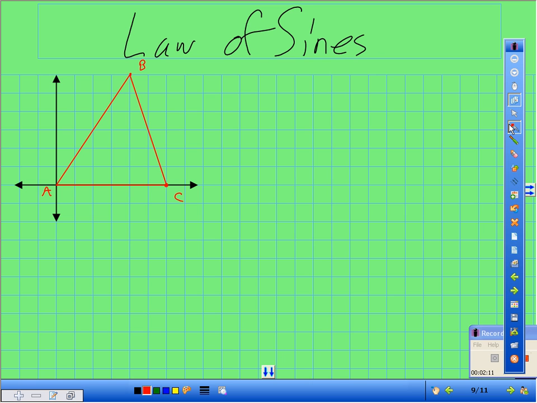So angle A projects on side A, angle C projects on side C, and angle B projects on side B.